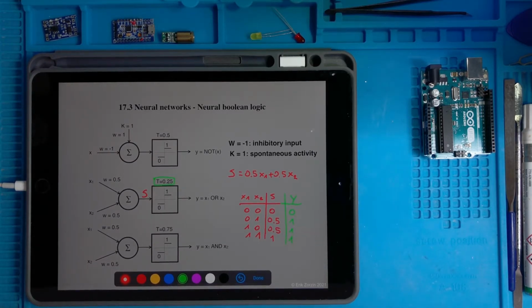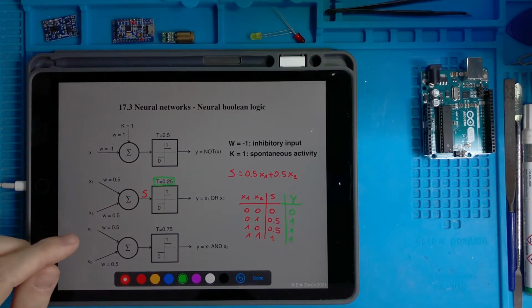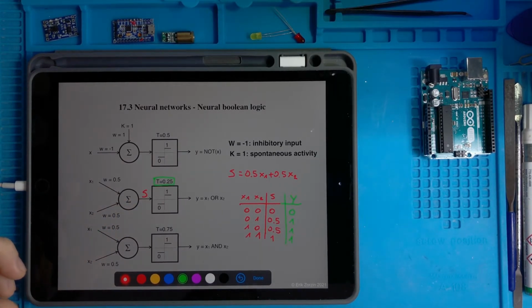And so we demonstrated that this is an OR gate. So let's try to do the last one. So I delete this stuff.